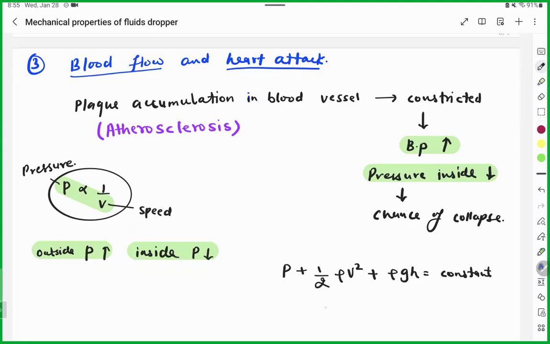If you take velocity to the other side, pressure will be equal to minus half rho v square, with a minus sign. It means when you increase pressure, the overall value will increase, but in negative. That's why your velocity decreases. Make sense, guys? Application of Bernoulli's theorem only.